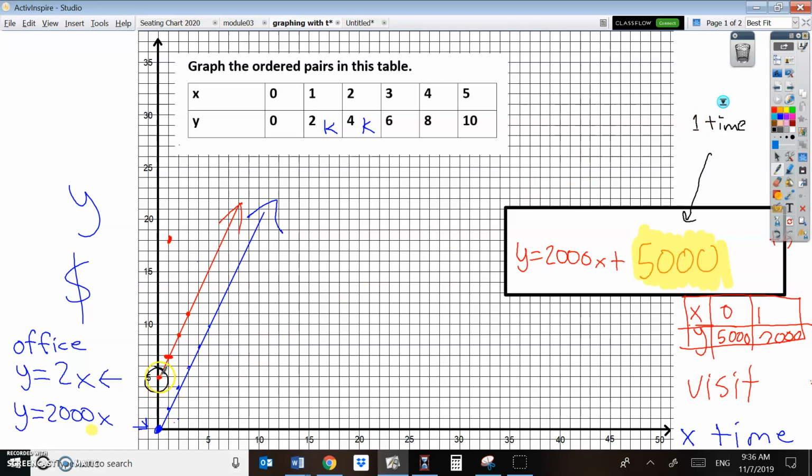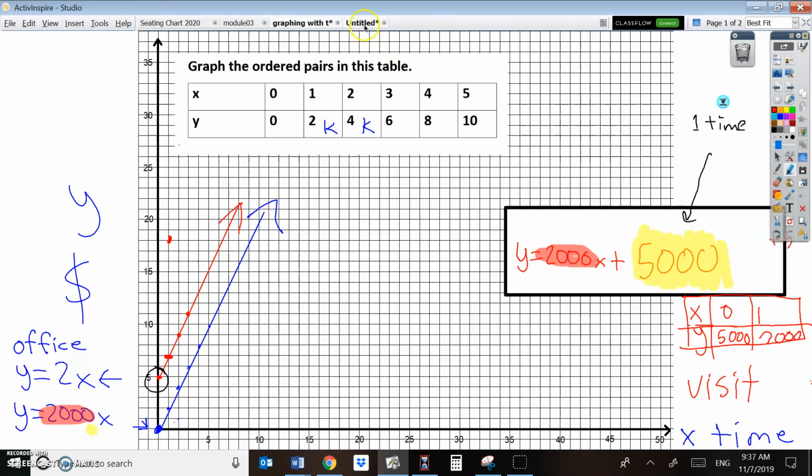So this is where the graph would start. If you spend 1 hour, then you have to pay $7,000. That's a 7 right there. So 1 hour means $7,000. So that means that the slope of the line is still the same. y equals 2,000x. That's still the slope here, and the slope is the same here.